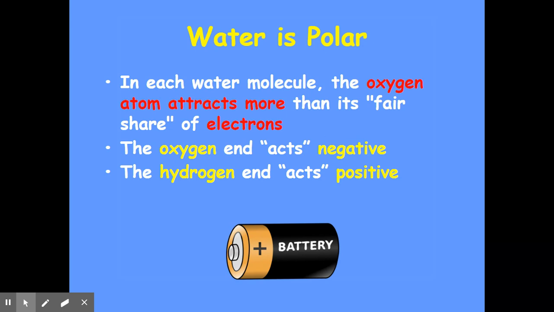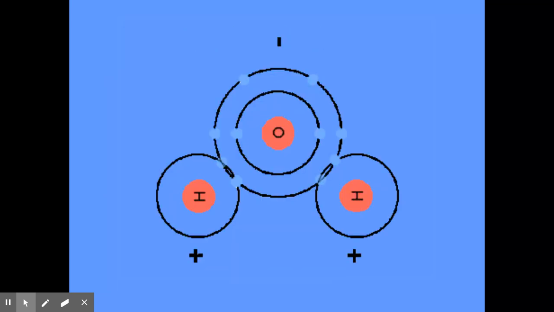Oxygen is more negative because there's usually 8 protons, 8 electrons around the oxygen atom. But when you add the 2 from hydrogen, that gives it more negative particles. If there are more negatives around oxygen, that means there are less negatives around hydrogen, and something that's less negative is in relation positive. So that's why we say water is polar.